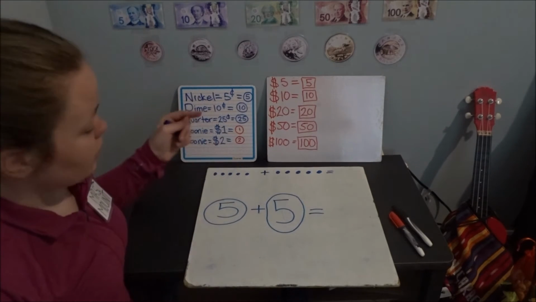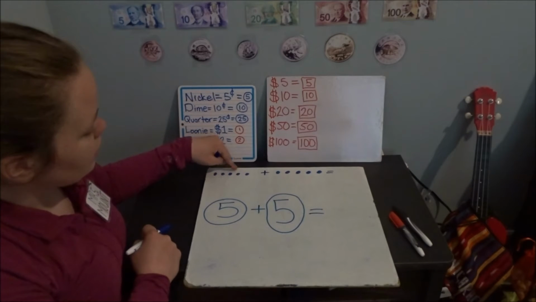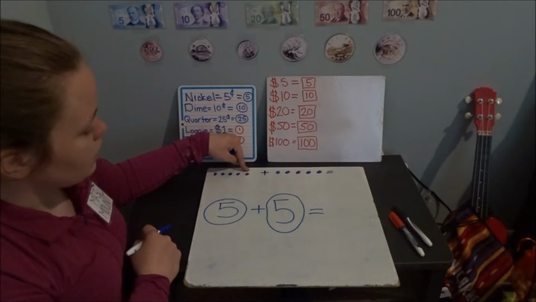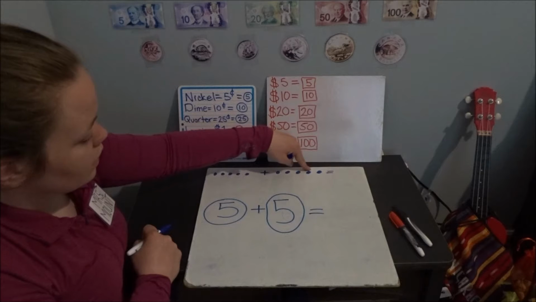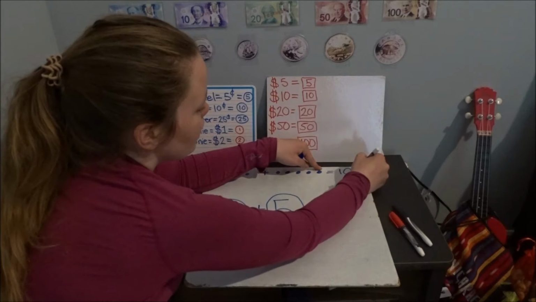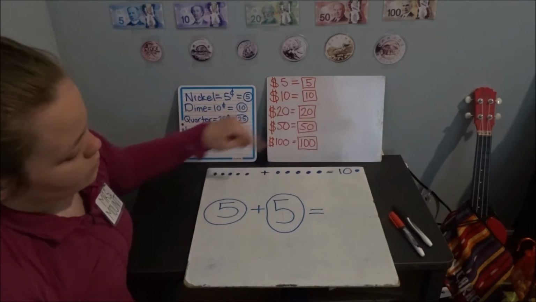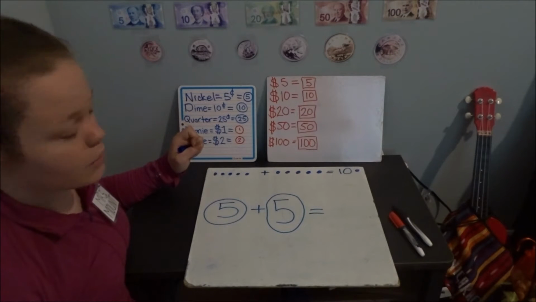So a way that we could figure this out is we could just count these. 1, 2, 3, 4, 5. And then because we're adding, we can just continue counting. 6, 7, 8, 9, 10. So we know that we have 10 little dots, which represent the cents that we know from our nickel.